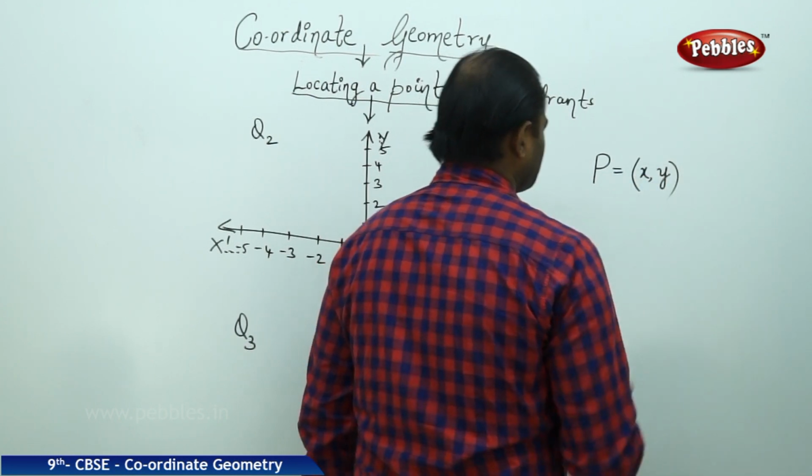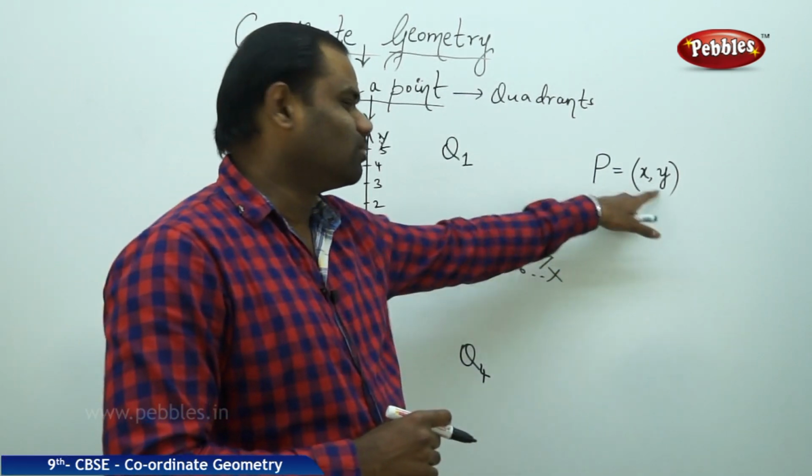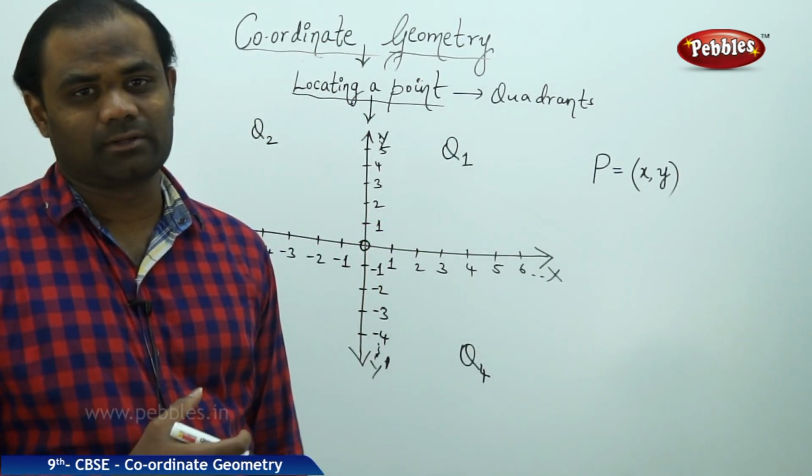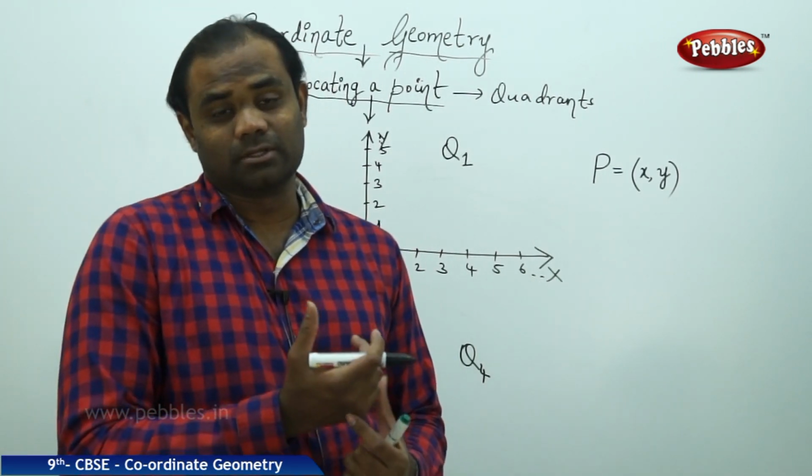x, y. So before we enter into locating a point, let's recap how the notation is done for a point. What is the rule for denoting a point with symbols?